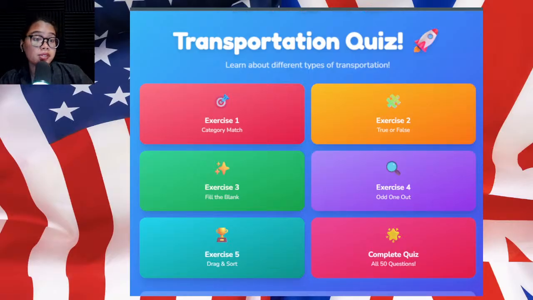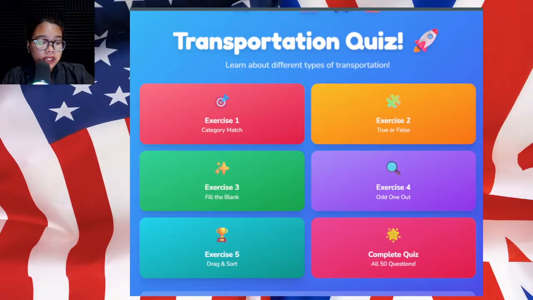We also have intersection. And then lastly, for traffic terms, aside from what was mentioned earlier, we have traffic jam, speed limit, and pedestrian. So those are the different transportation vocabulary that we learned over the past few sessions.